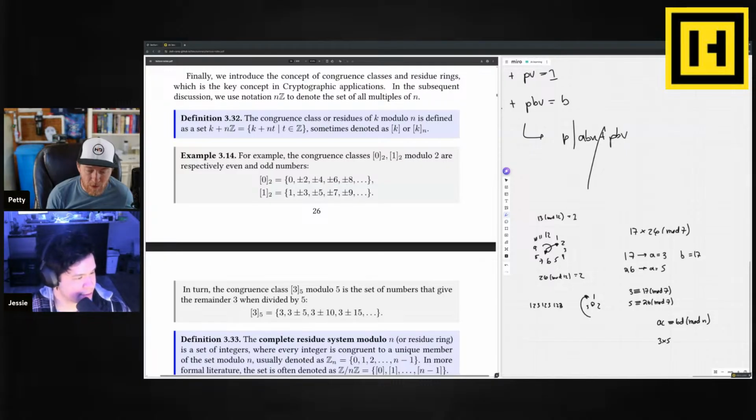Sometimes denoted as the set of K, or the set of K sub n. So for example, the congruence classes of the set of 0 sub 2 and 1 sub 2 modulo 2 are respectively even and odd numbers.